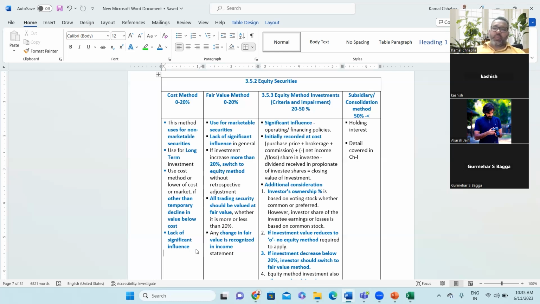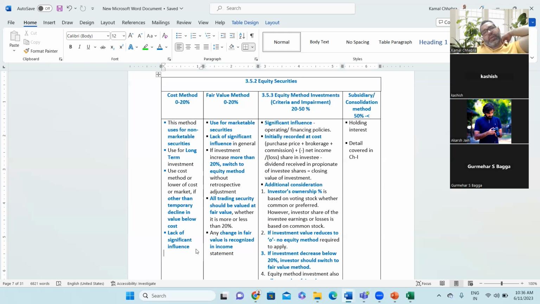Now coming to the second point, which is the fair value method. Same thing, 0 to 20% investment, but when this investment is in marketable security, that means security which is traded on any stock exchange. For example, if you have purchased the stock of Procter and Gamble, or the stock of Hyundai, those are marketable securities, right?